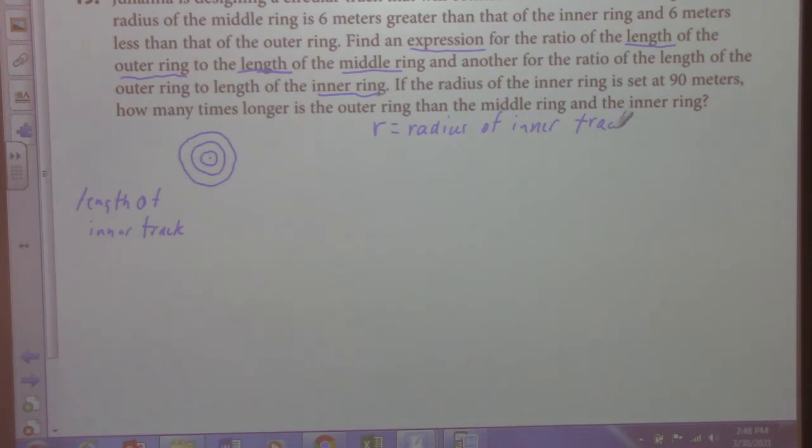What do we have to know to be able to find the length of the inner track? How do you find the length around a circle? Isn't it by like pi or something? So yes, pi is part of the formula. Go ahead, Mark, continue.